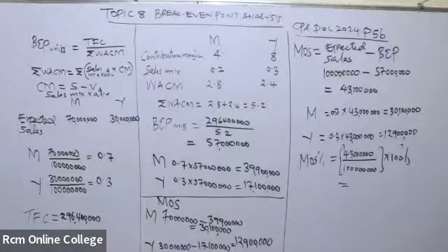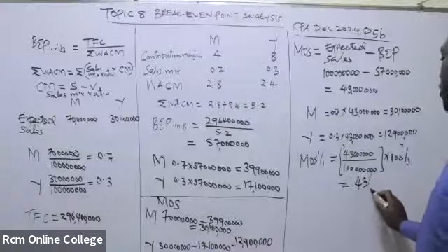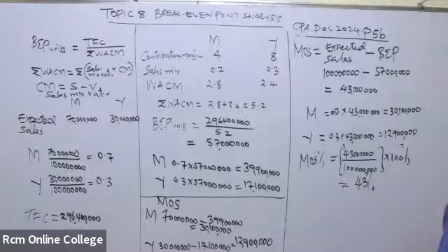What are we getting? We are getting 43%.